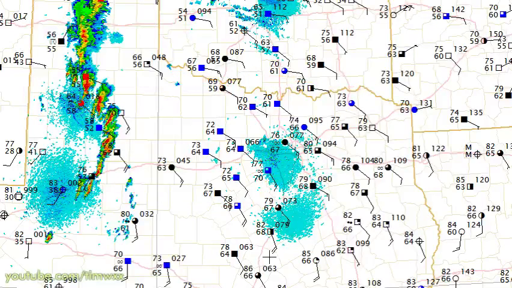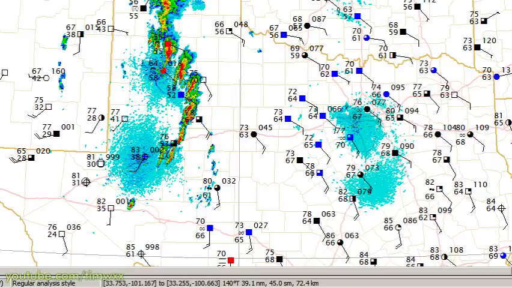The big problem that we have is we don't have much convergence along either boundary. The wind field north and south of the boundary, southeast winds. So we'll probably keep an eye on that and see if that firms up a little bit later. It would definitely help to have some better data in this region.